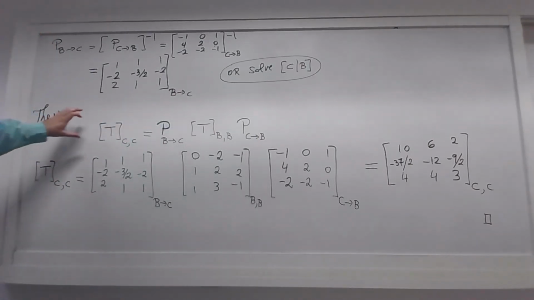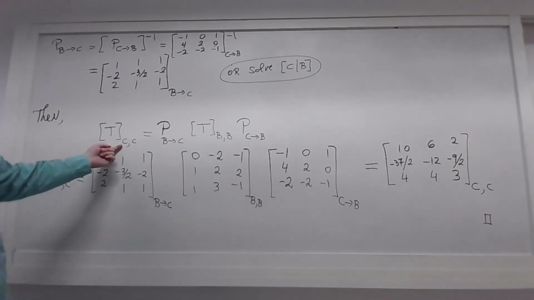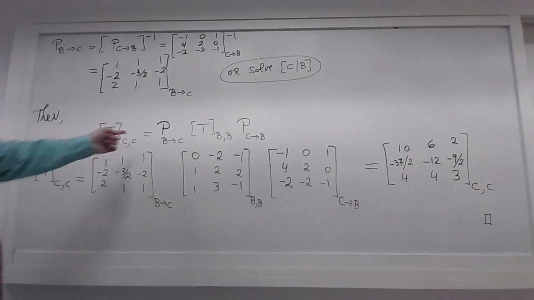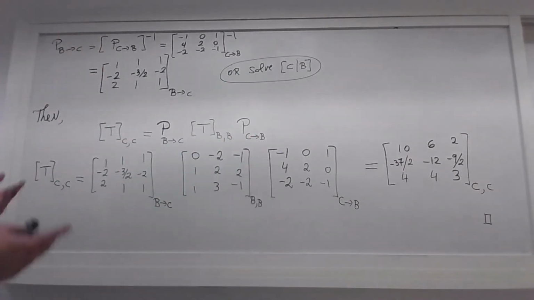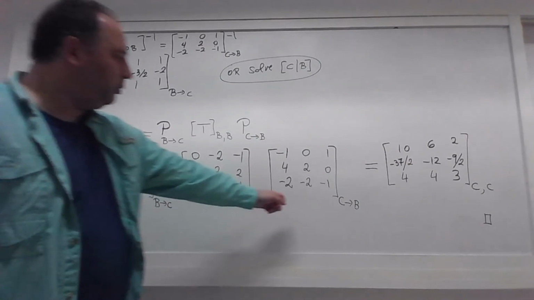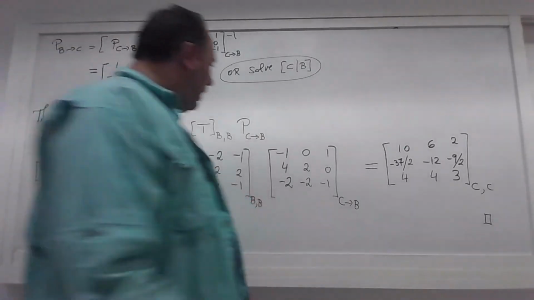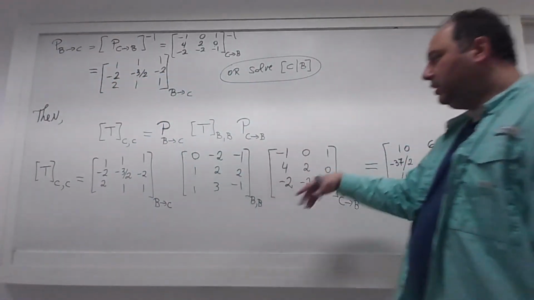So finally, we use our formula: the representation matrix relative to basis C for our linear operator T is given by this formula. Now we have all the pieces, we just plug them into the expression. So we copy TBB, we copy the change of basis transition matrix from C to B, and then we do the product, two matrices at a time.